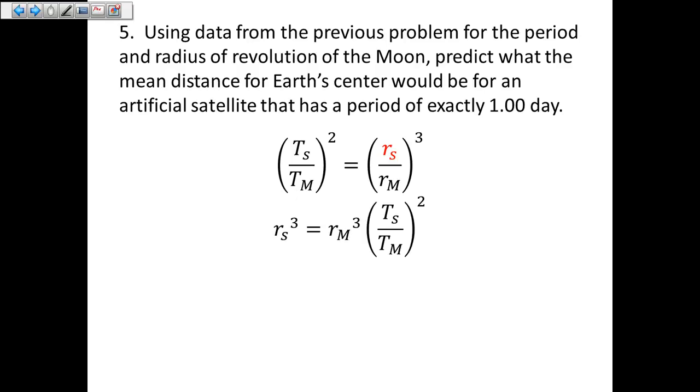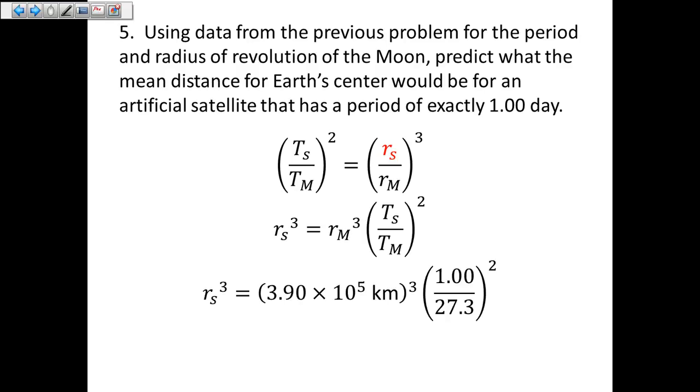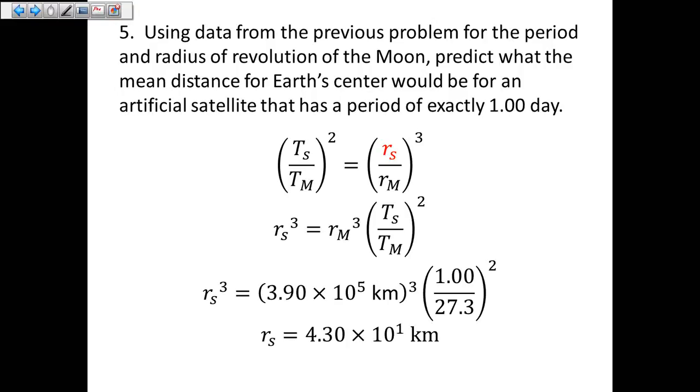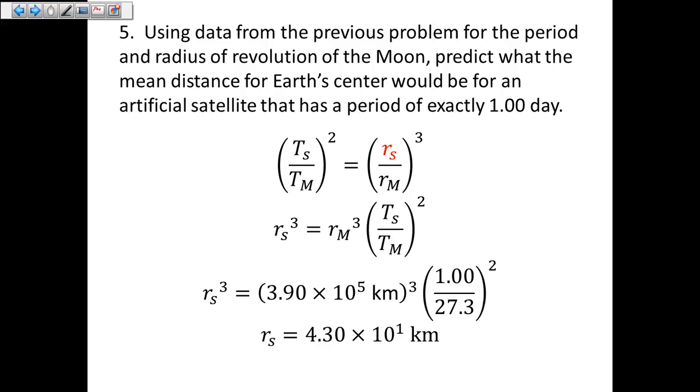So we shuffle some things around, we plug in, and we find out that that orbital radius is 4.30 times 10 to the 1st kilometers, excuse me, that's the orbital radius. So that's not the distance above the Earth, that's the orbital radius.